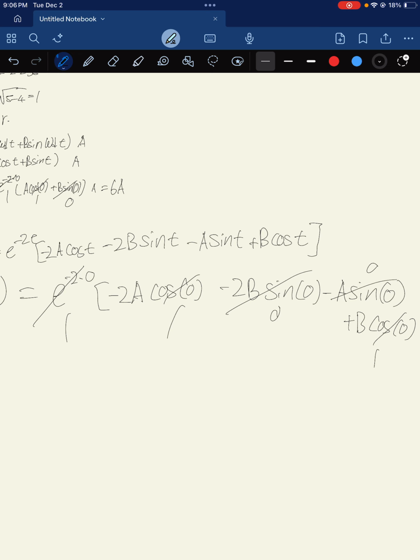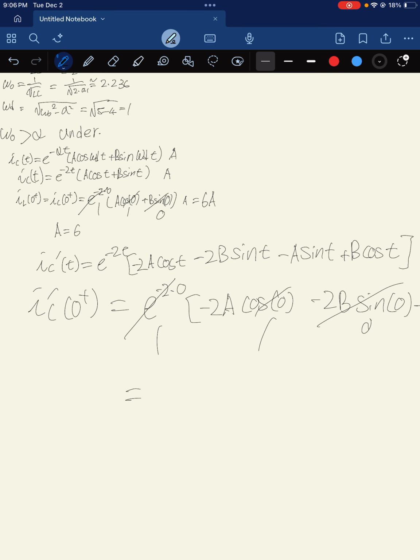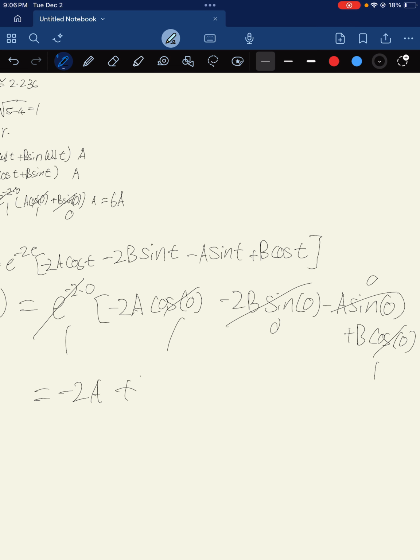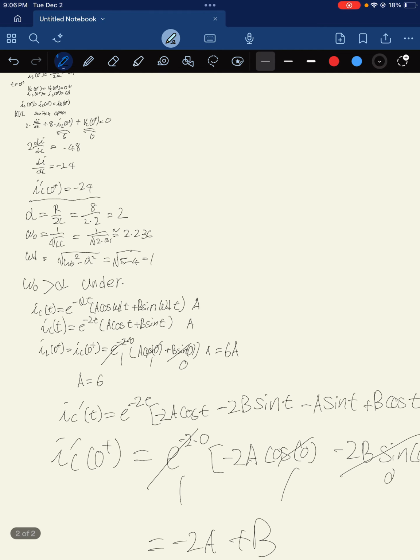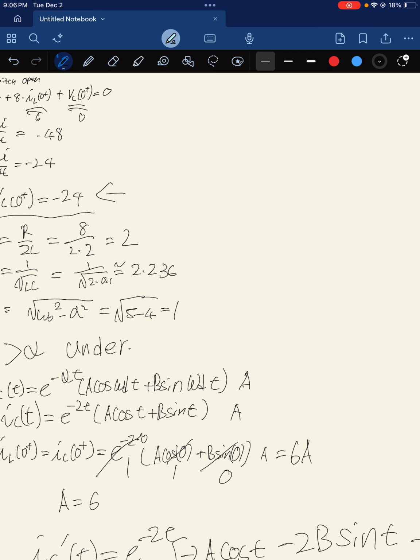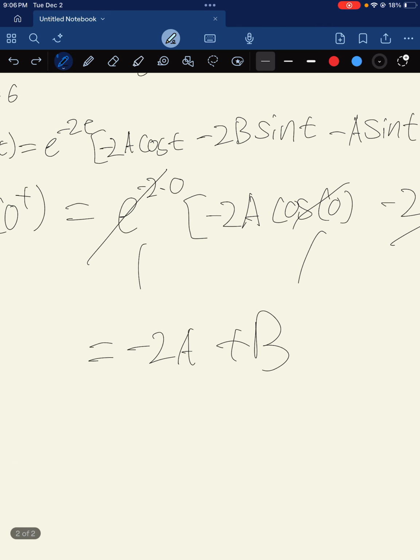So what we're left with is negative 2a plus b. And since we already found IC prime of 0 plus, which is negative 24, we can plug that back in.